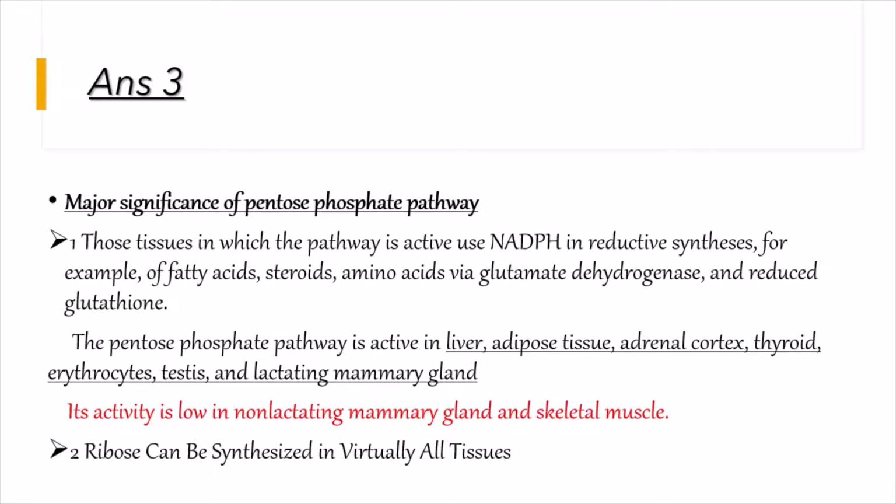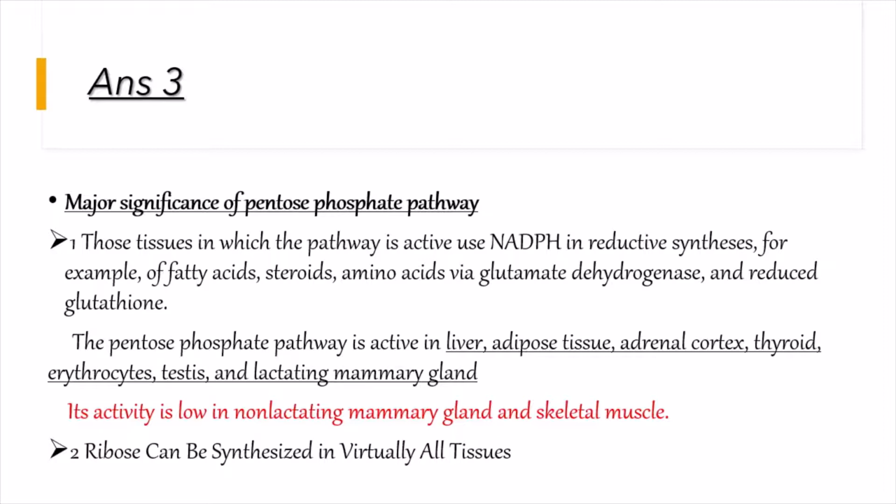Now, in which tissue is this pathway actively involved? The major significances of the pentose phosphate pathway are mainly two. Number 1, to generate NADPH, and number 2, to form ribose. First, to generate NADPH, which acts as a reducing equivalent in tissues specializing in reductive biosynthesis.